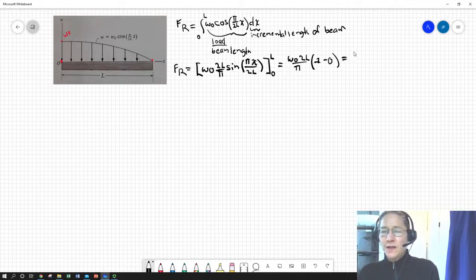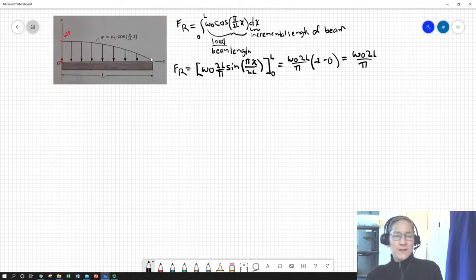That should give me W0 times 2L over pi. So that is the magnitude of the load applied to this beam by this function for the entire function over the whole beam.